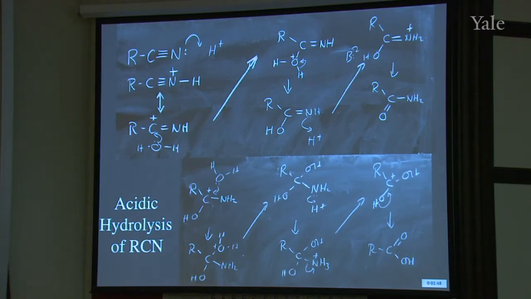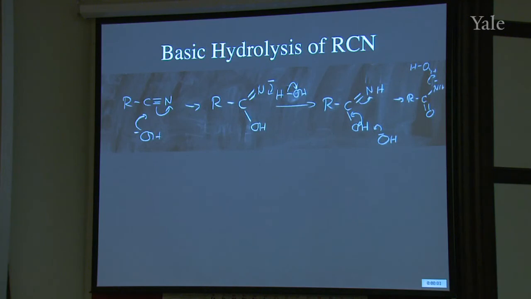But you can also do it with base, right? So in base, you attack the CN triple bond as if it were a CO double bond. Generate this, put a proton on, right? And now do the allylic rearrangement, the same thing we did before, except that now instead of being acid catalyzed, it's base catalyzed. So we're halfway there.